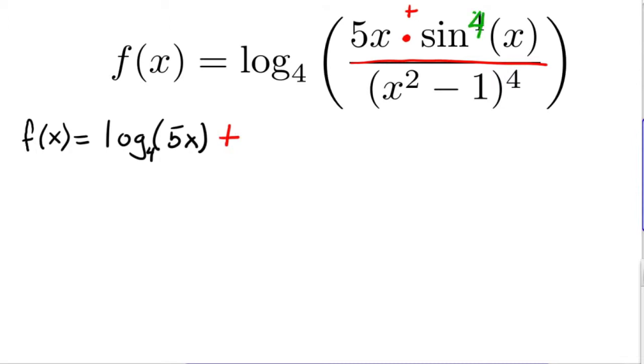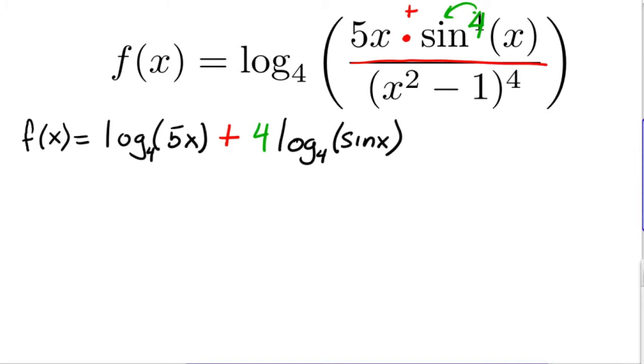Remember, the exponents go in front, so this is 4 log base 4 of sine of x. And you could have left it alone, but then you avoid having to do the chain rule there more than you already have to.